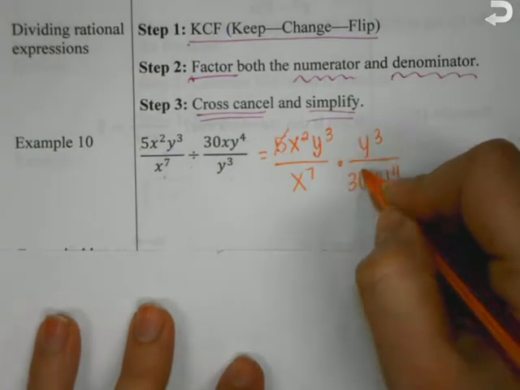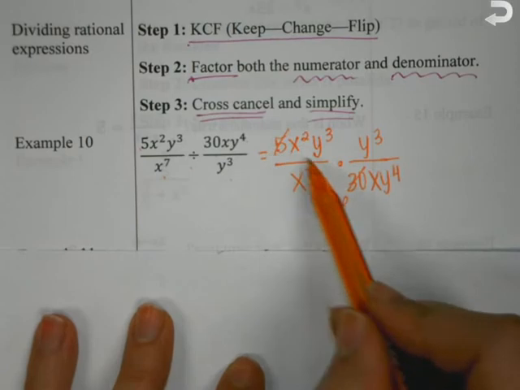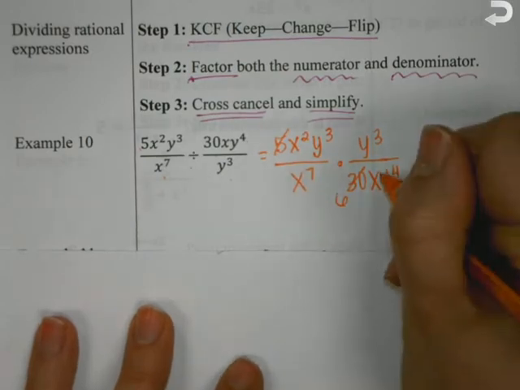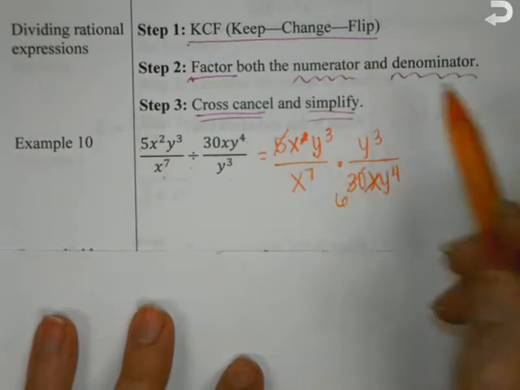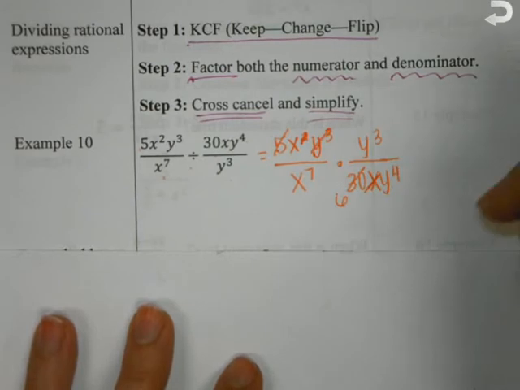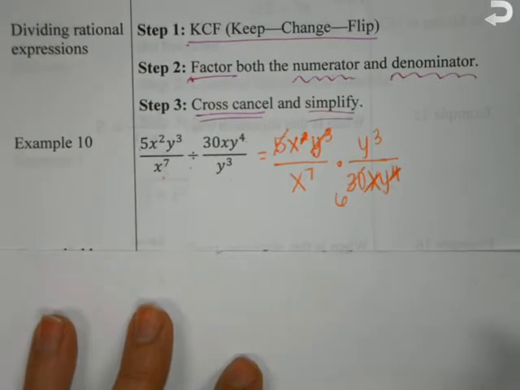The y to the third totally goes away, and y to the fourth becomes a y. So then we multiply straight across. So that is going to be x, y to the third, all over 6, x to the seventh, y.